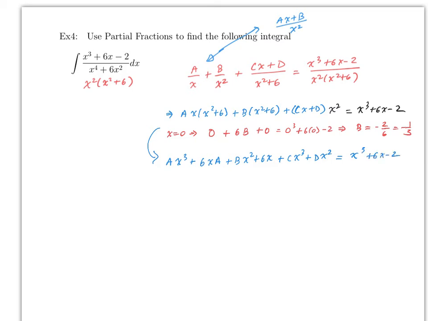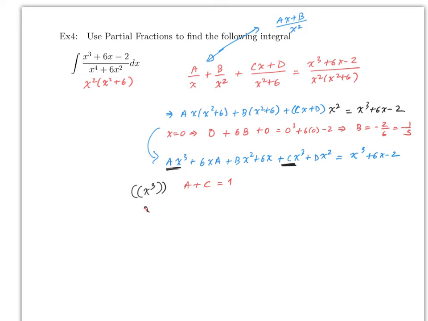Okay. Right, so now you just have to match the coefficients. So let's start with the x cubed, and notice that for the x cubed, this is a 1, and you have x cubed in there and x cubed in there. So that means that a plus c has to equal 1.